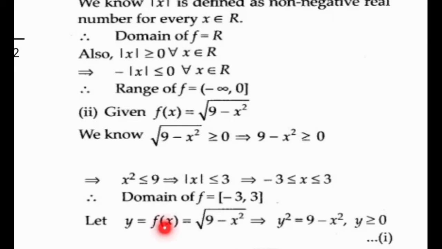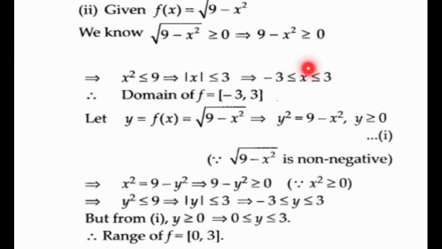Therefore y = f(x) = square root of (9 - x²), that is, y² = 9 - x². y is always greater than or equal to 0, that is equation number 1, because the square root of (9 - x²) is non-negative.